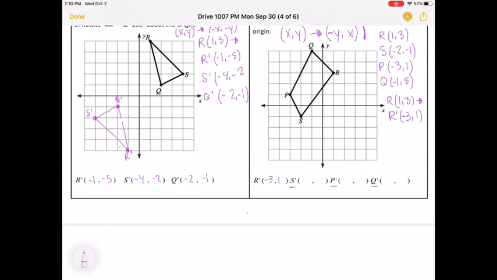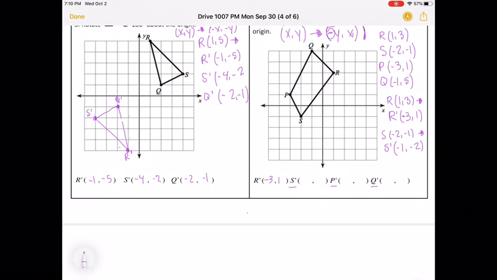Okay, I'm going to show you S real quick just to make sure you guys are good. So S was (-2, -1), and then we transform that to S prime. We flip those, so that's (-1, -2) just from flipping them.